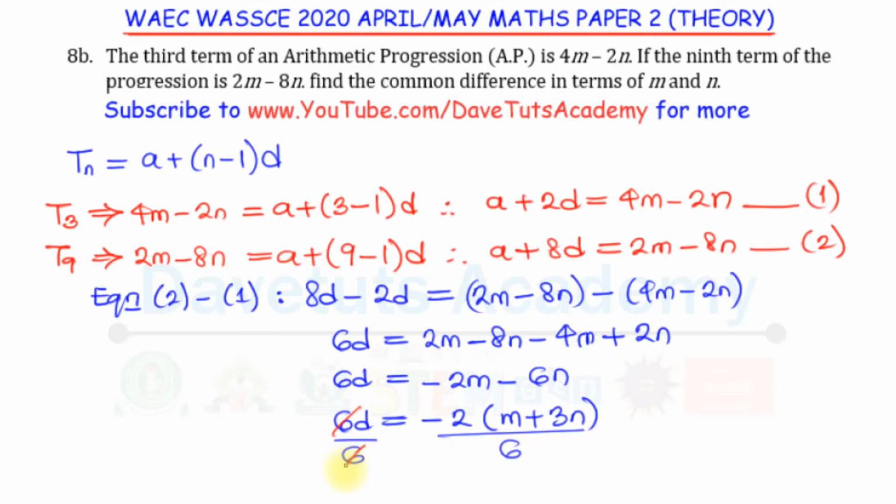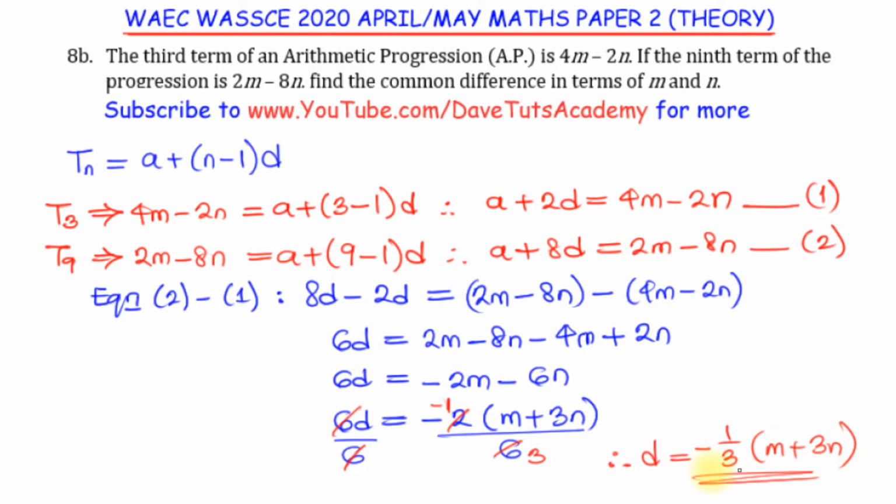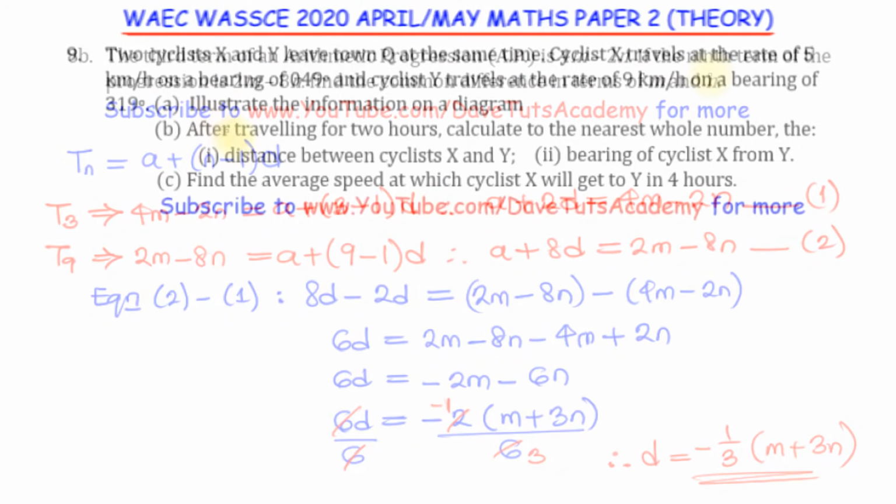Then 6 here can cancel 6 here, and minus 2, I'm going to have minus 1, and then in 6, I'm going to have 3, such that the value for the common difference we have to find will be minus 1 over 3 multiplied by m plus 3n, and this is going to be the solution to this particular question. And that's how we can go about solving this question on arithmetic progression.